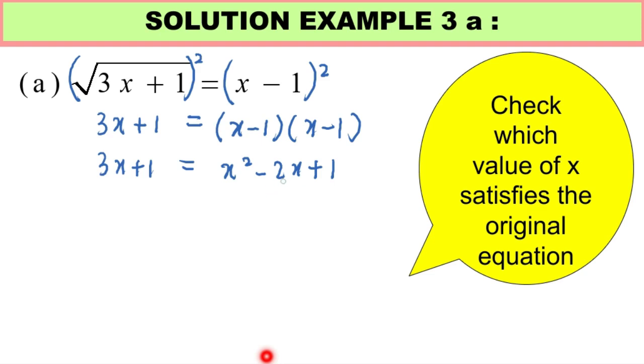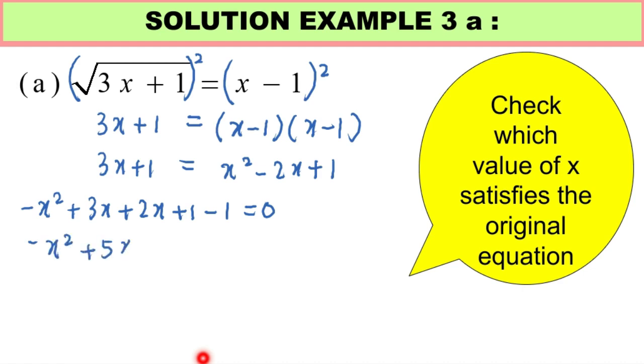Then we're going to express this equation in standard form by bringing all the terms on the right hand side to the left hand side. Plus 2x plus 1 minus 1 equals 0. So here we have negative x squared plus 5x equals 0.